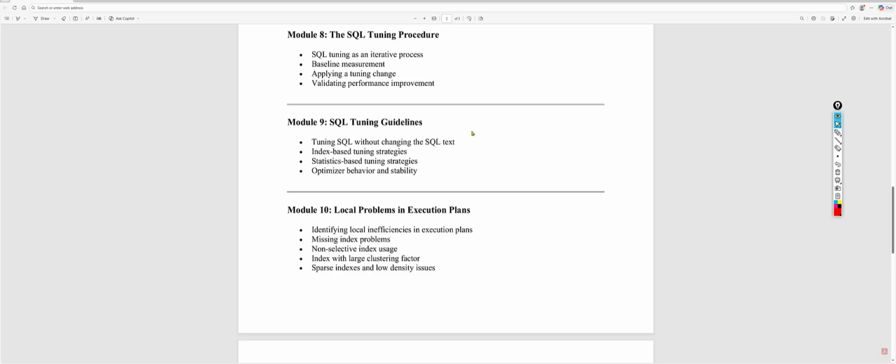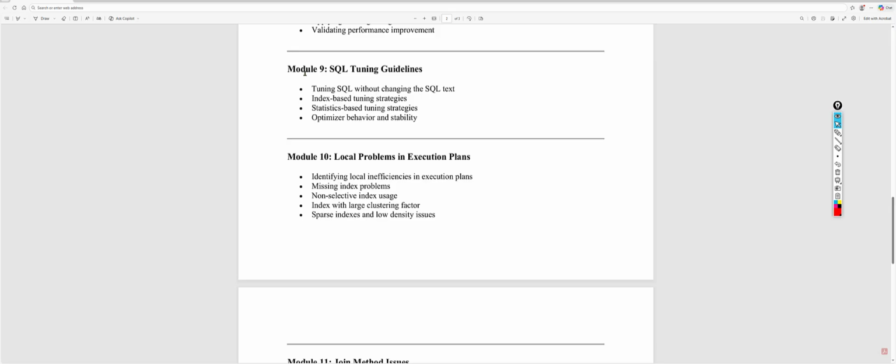Obviously every SQL performance issue happens because of a change. So you need to understand what exactly changed from the current baseline. Next comes the guidelines.